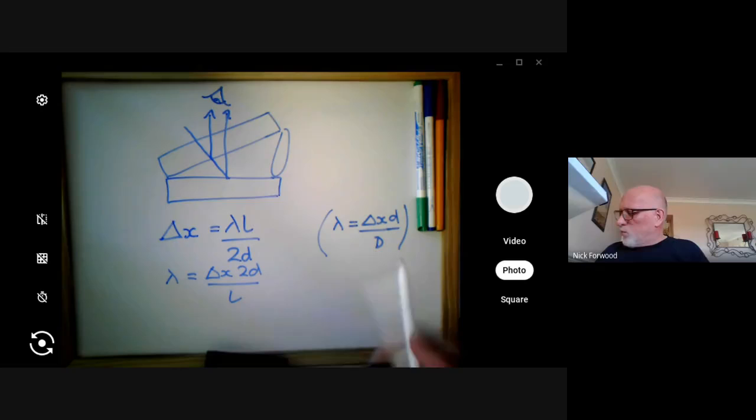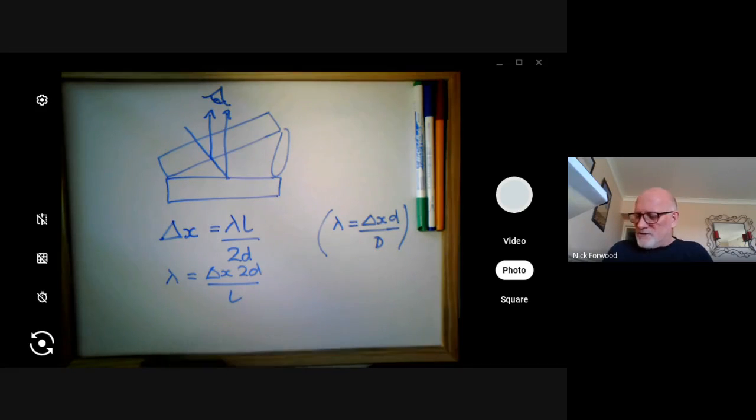So this is the wave front, this is Young's slits, and we did a formula about Young's slits.